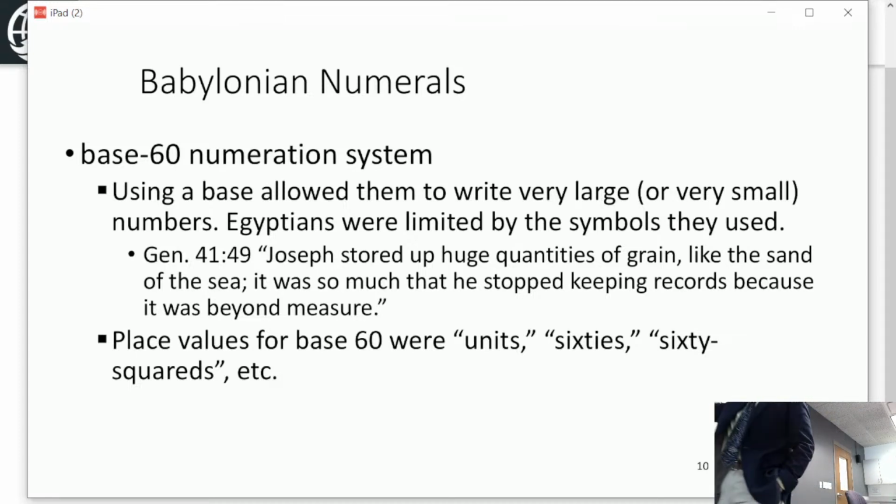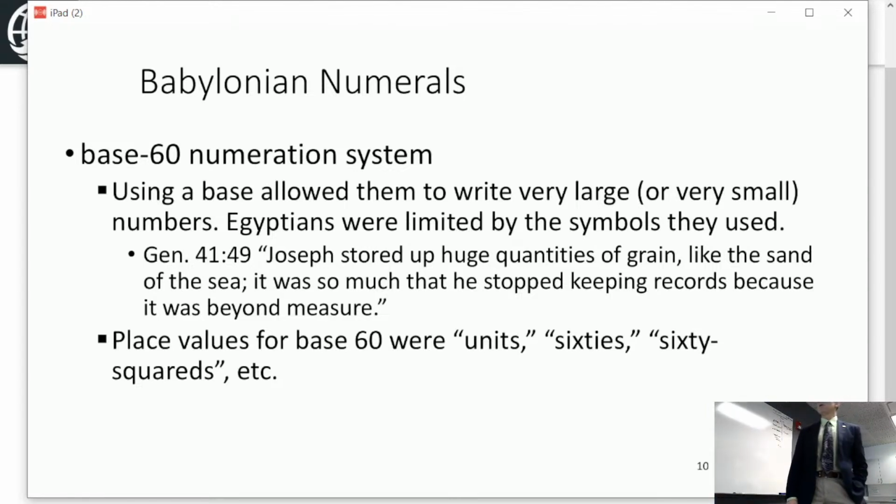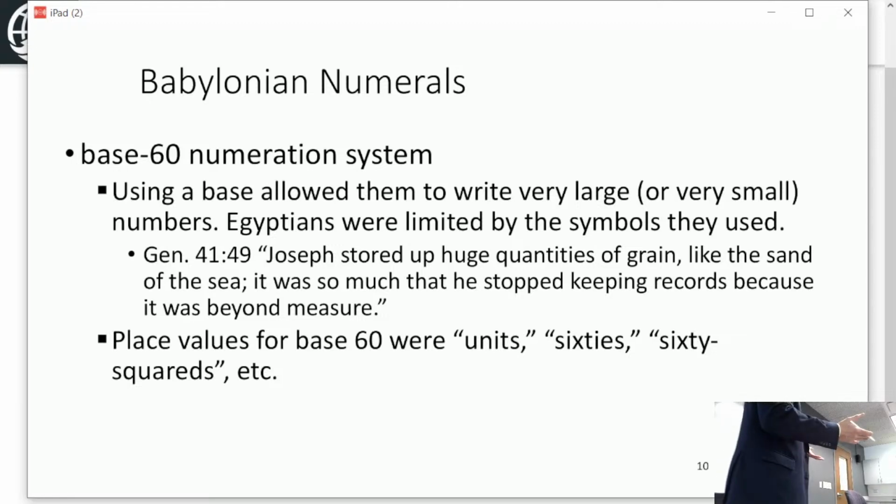I mentioned this the other day, didn't I? Yeah. So this is in Genesis. This is the place where we're told about Joseph storing up huge quantities of grain like the sand of the sea. It was so much that he stopped keeping records because it was beyond measure. So apparently Joseph was keeping records, using, I assume, hieroglyphics, because he was sold into slavery and sent to Egypt, and in Egypt he had to learn a new system of language and numeration and everything.